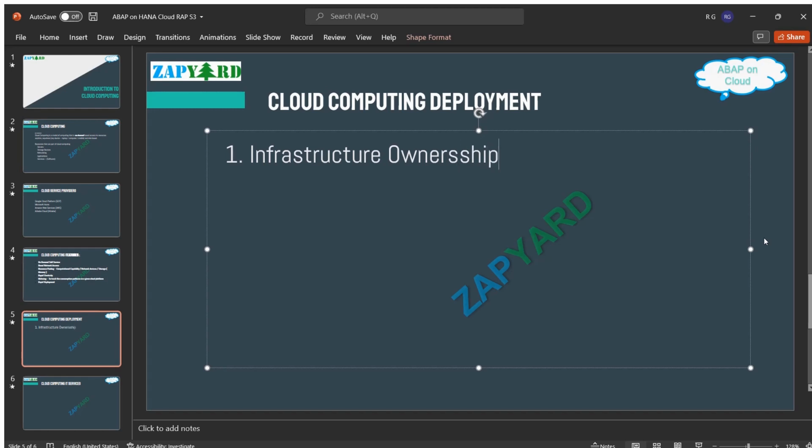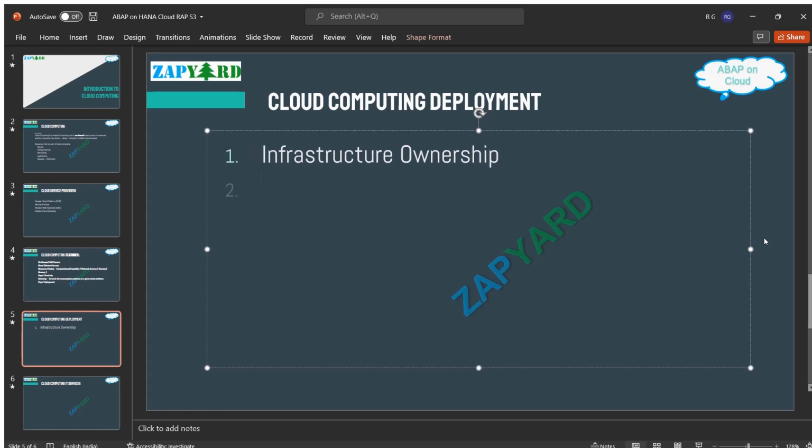Infrastructure ownership is one of the aspects of cloud computing resources. So who owns these resources makes a very commanding categorization. It leads us to categorize the cloud deployment strategies. So the ownership of the resources, or the infrastructure ownership.